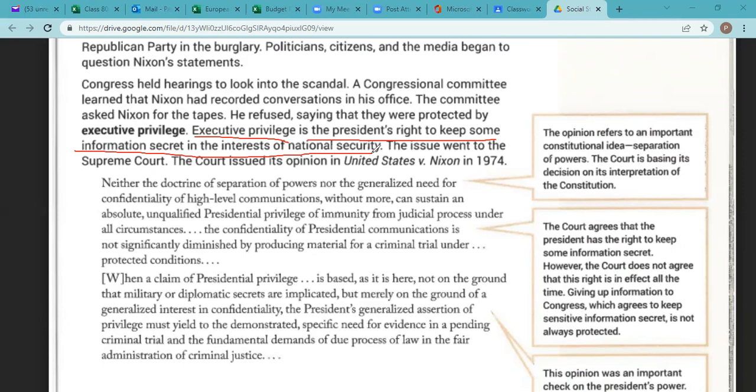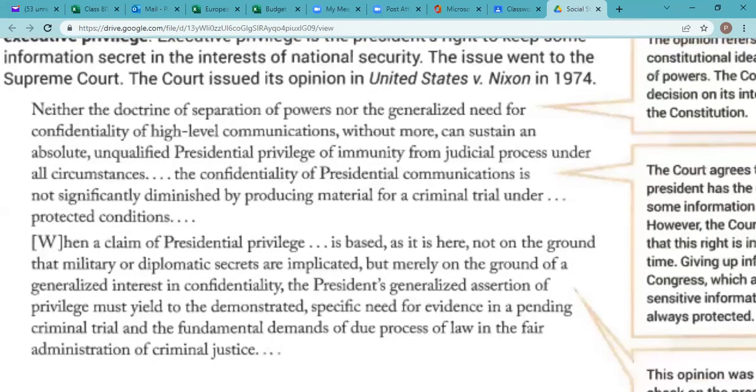And it says here, neither the doctrine of separation of powers nor the generalized need for confidentiality of high-level communications without more can sustain an absolute unqualified presidential privilege of immunity from judicial process under all circumstances.